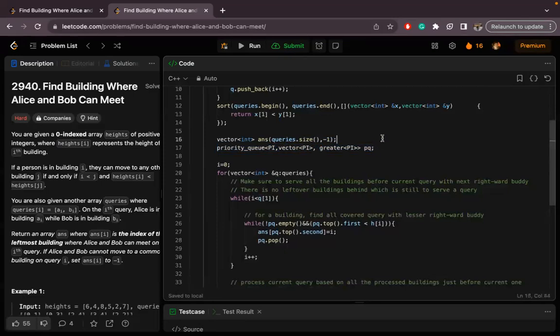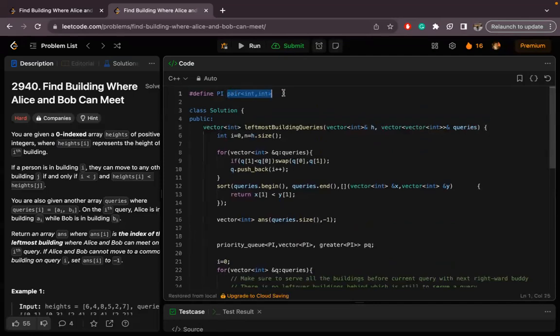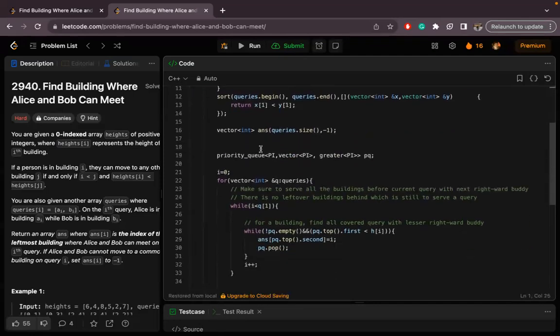So here it's the priority queue of pairs. You can see it. So pair of what? One will be the max height of the query, right? And the second will be the query index, the index of that query.